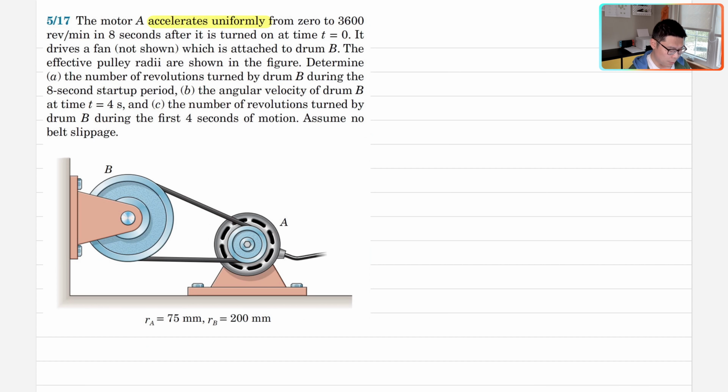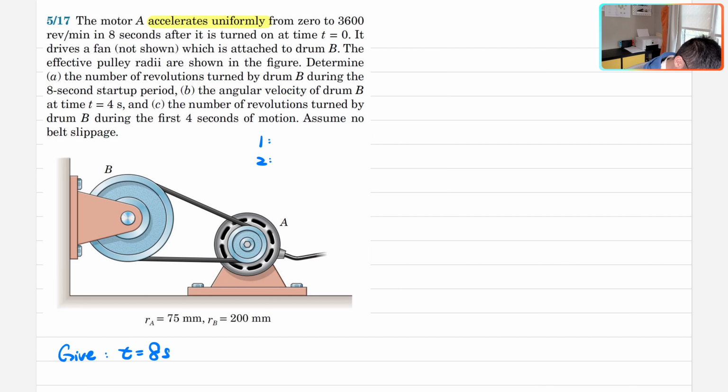So after thinking about this for a moment, let's start with what's given to us. Based on the question, this whole thing happens over 8 seconds, right? From 0 to 8 seconds, it accelerates from rest to 3,600 revolutions per minute. We'll call these state number 1 and state number 2.